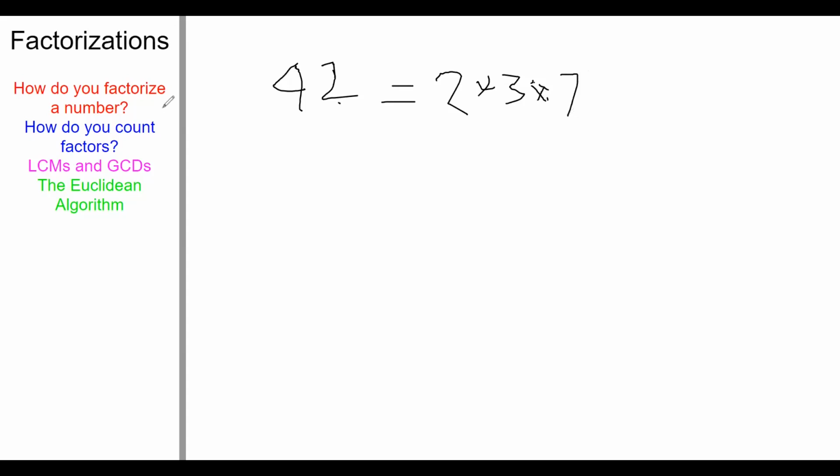Right? But what if we have a larger number that you might not know off the top of your head, like 192? How would we go about factorizing this?